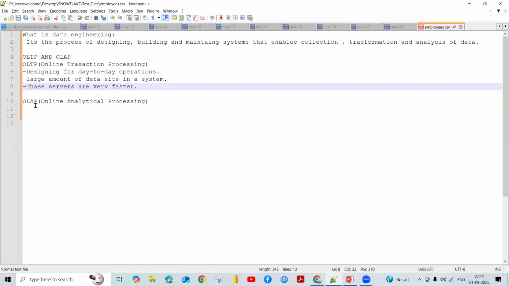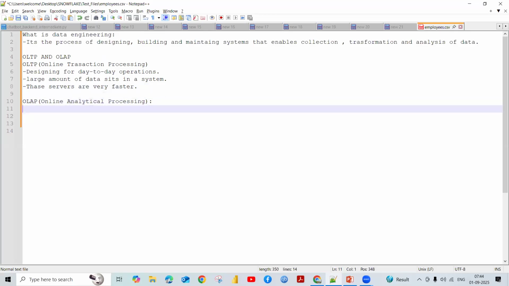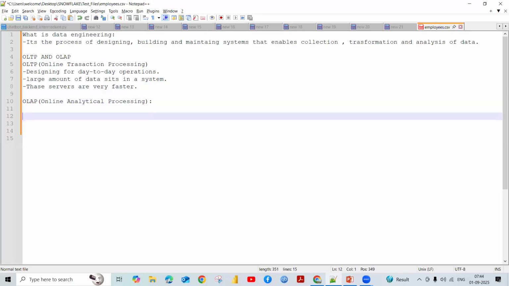Whereas OLAP is purely analytics. The database systems are designed in an analytics way. We have data existing in textual and numerical form, so we need to form a relationship between the transactional entity and the textual, permanent data.